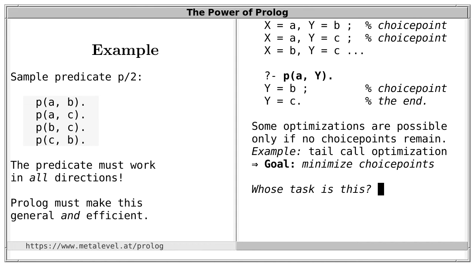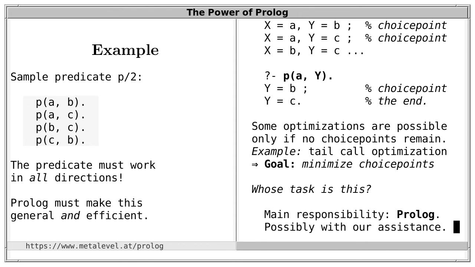Now, who should do this? I mean, is this something that we as programmers must do, or is this something that Prolog should do for us? And clearly, this is something that first and foremost Prolog should do for us, possibly and only if absolutely necessary, with small assistance from us, because we must be able to focus on other tasks.